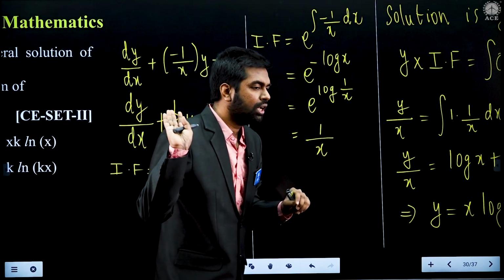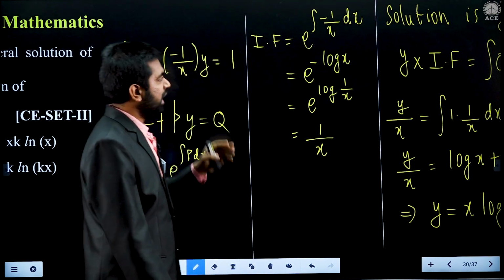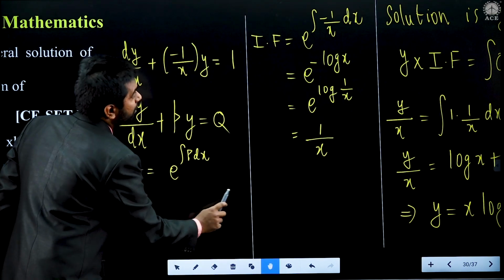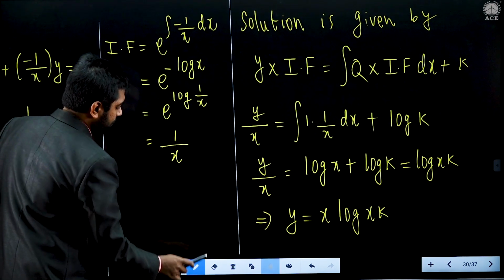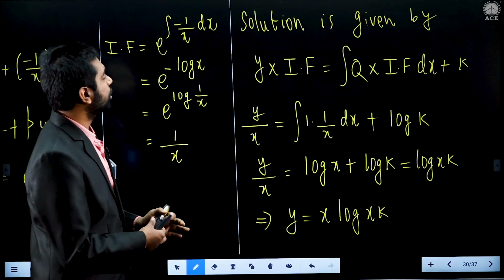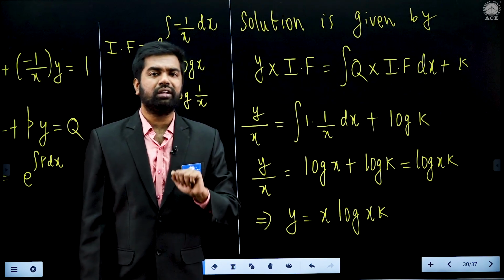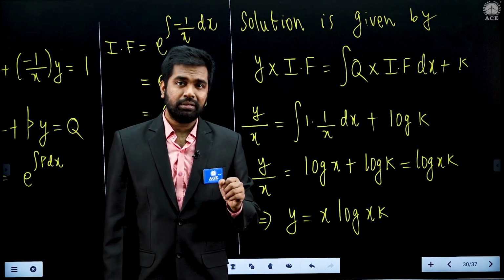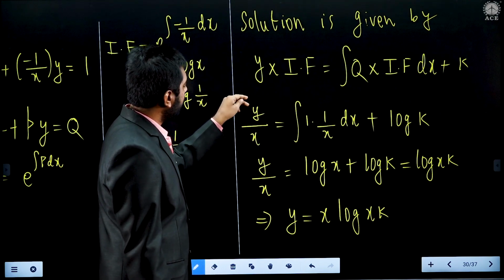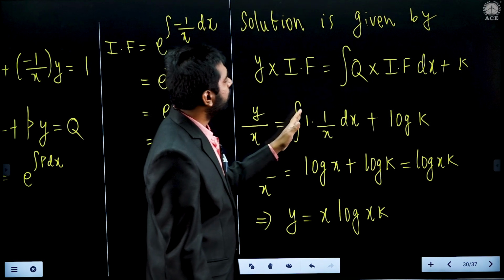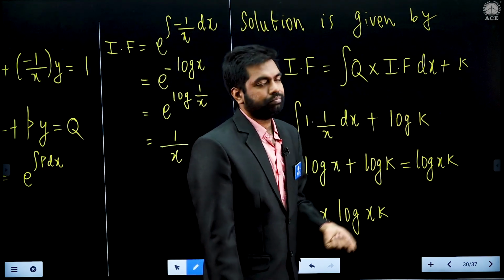It's a first order linear differential equation, usually called the Bernoulli differential equation. Its solution is readily available to us. Many times during your preparation, you would have written the general solution as y into integrating factor equal to integral q into integrating factor dx plus constant. That is y into 1 by x equal to integral 1 into 1 by x dx plus k.